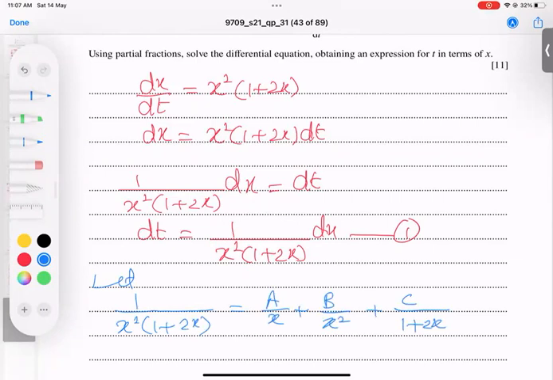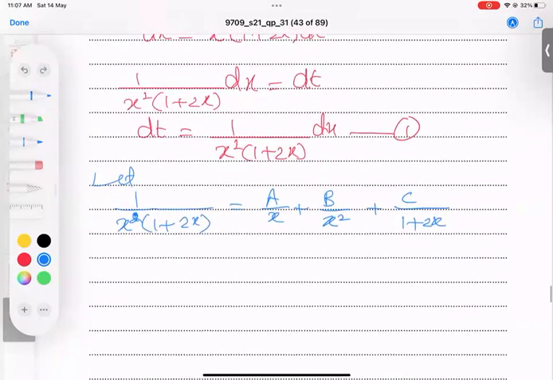Now, one thing in your mind: why are you writing like this? Because I'm treating this x squared as a linear repeating factor. Some students think, can I apply it as a quadratic? You can apply quadratic even, but first priority goes to linear and repeating. So if power 3 comes here, then c over x to the power 3. I hope the point is very clear.